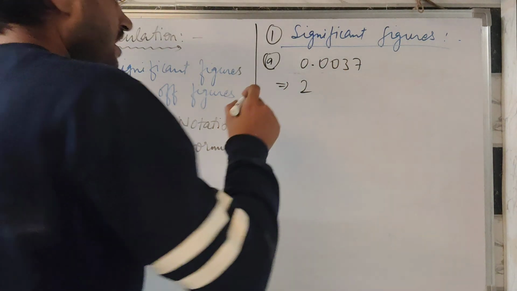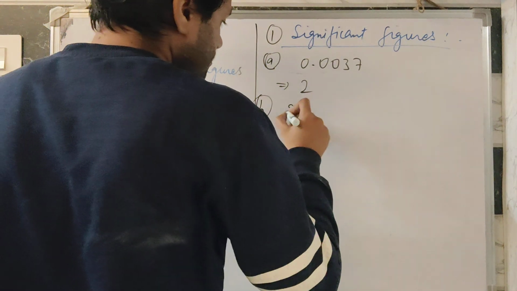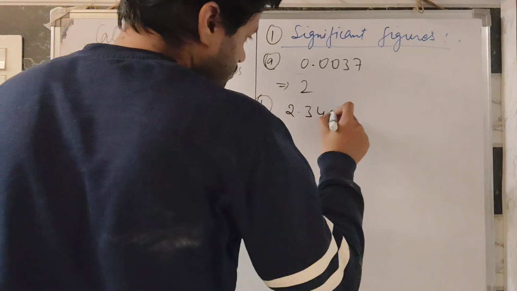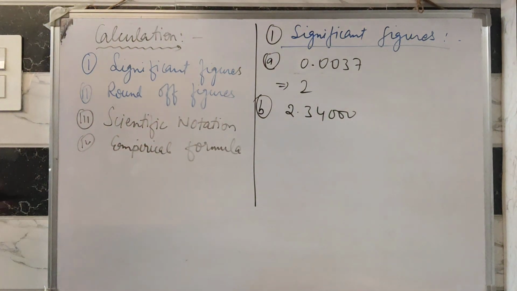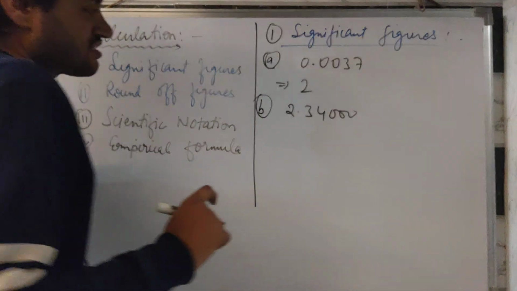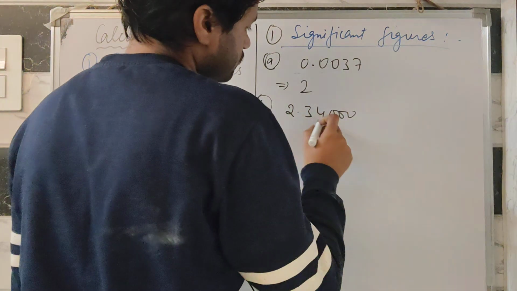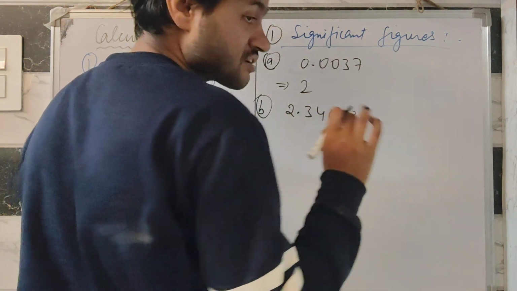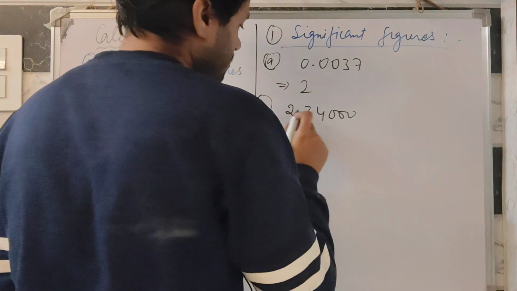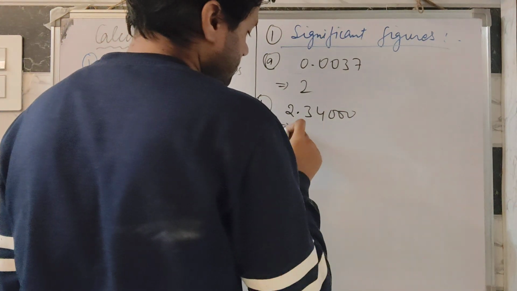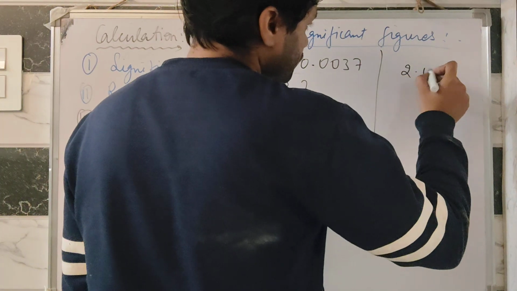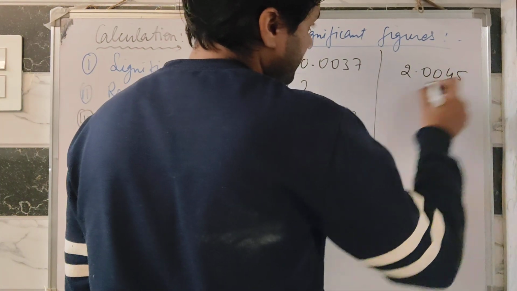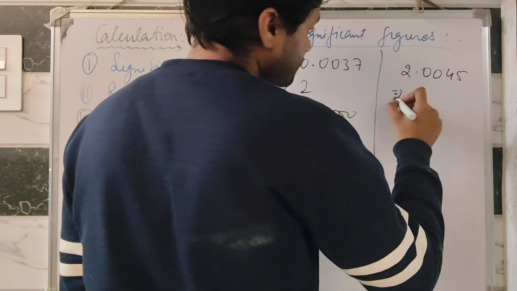And if I write a number like 2.34000, this is considered as significant figures: 1, 2, 3, 4, 5. After the decimal, the 0s will be counted, so 1, 2, 3, 4, 5, 6. So there are 6 significant figures. And if a number is 2.0045, then there are 1, 2, 3, 4, 5 significant figures.